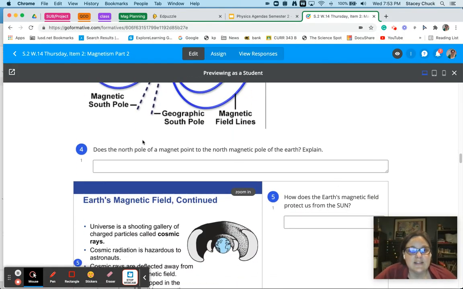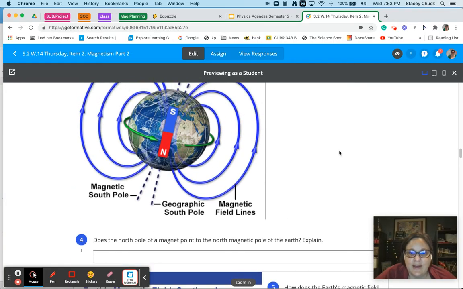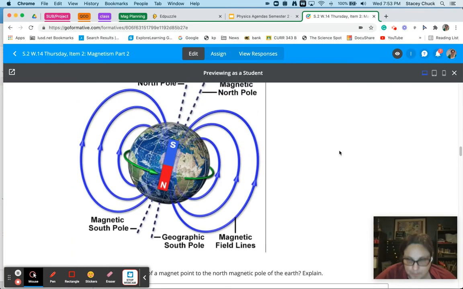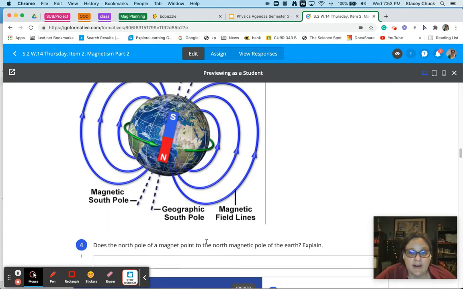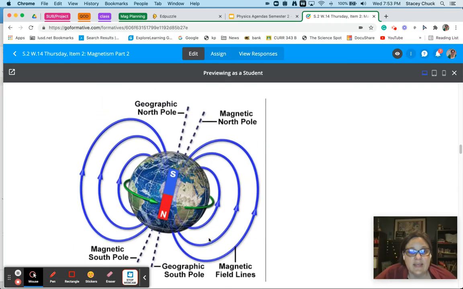All right. Does the North Pole of a magnet point to the North magnetic pole of Earth? Explain. So you can kind of go about that two ways. Either you can talk about how the North magnetic pole is actually located in the southern hemisphere, so the north end of a magnet would actually point to the south magnetic pole.